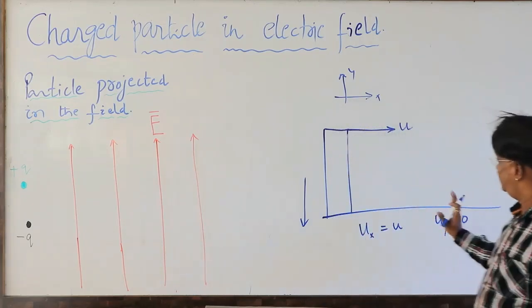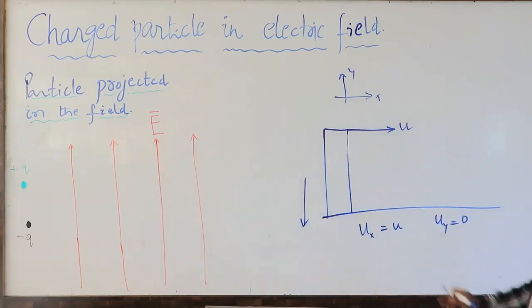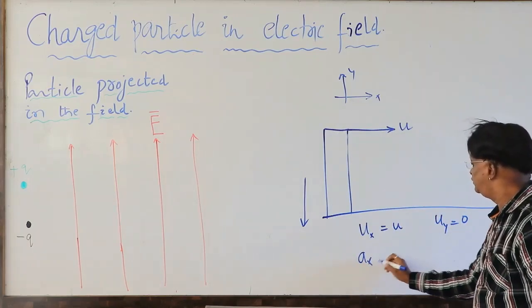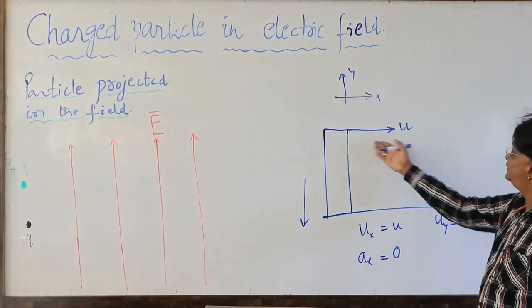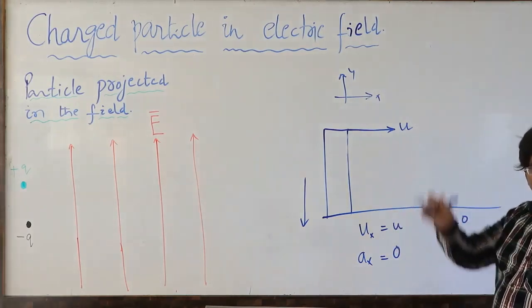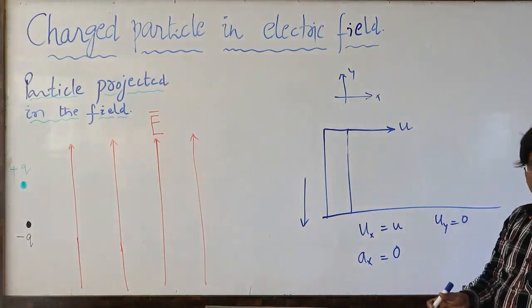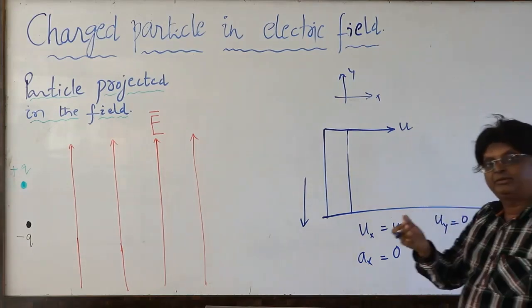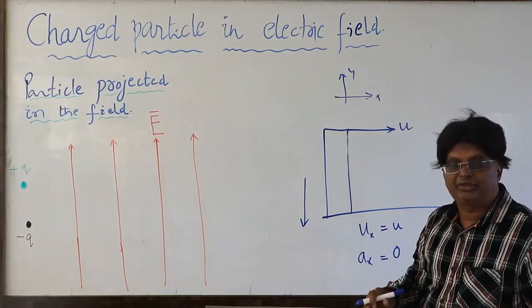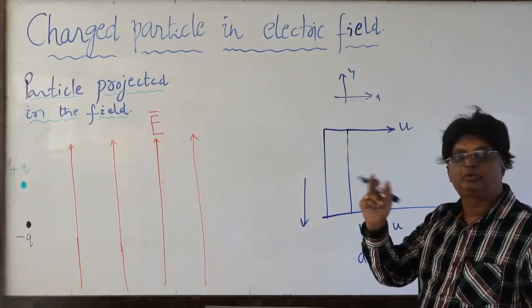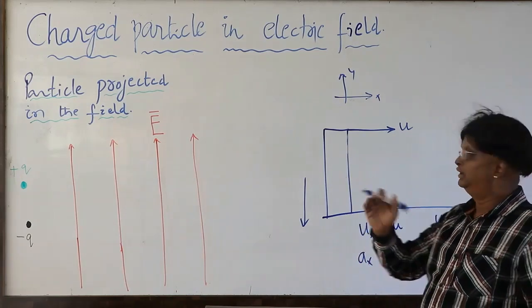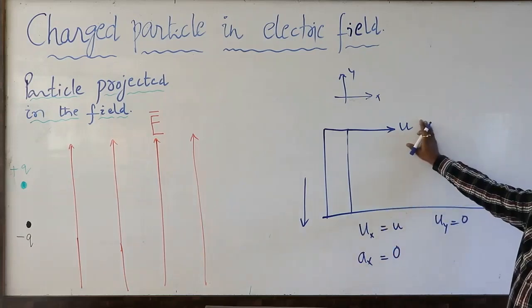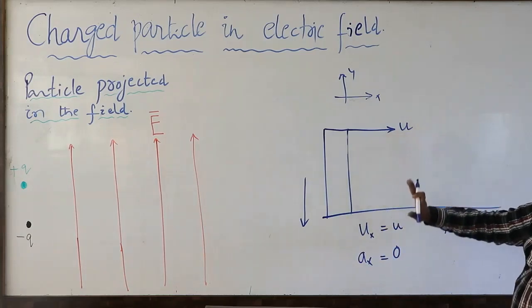Now here, uy is equal to 0, but ax is equal to 0. No acceleration in the horizontal direction because gravity acts vertically downward. Even if you take the component, if a is the magnitude, a cos theta becomes the component, and for theta equal to 90, even that component becomes 0. Therefore, horizontal velocity is not affected by gravity.